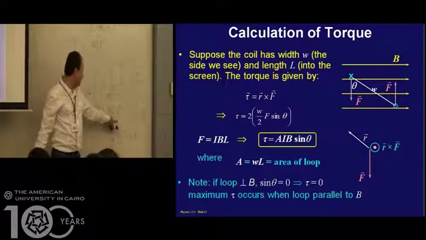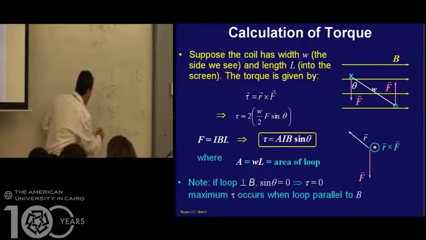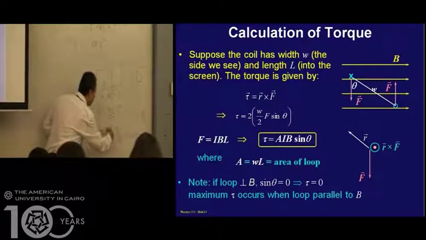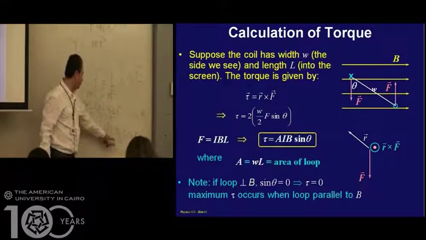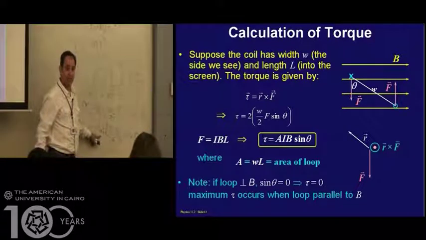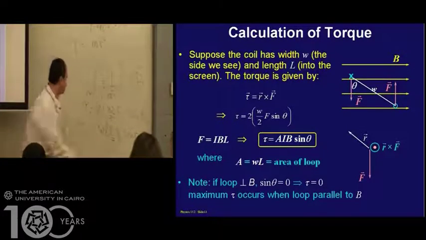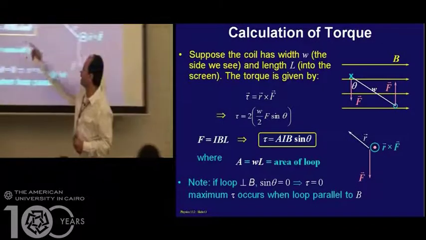I replace the force by its value, it's I, L, B. This is the force, right? And length times width, that's the area of the loop. So that's why I replace that by the area of the loop, and we get the torque equal to AIB sine theta.